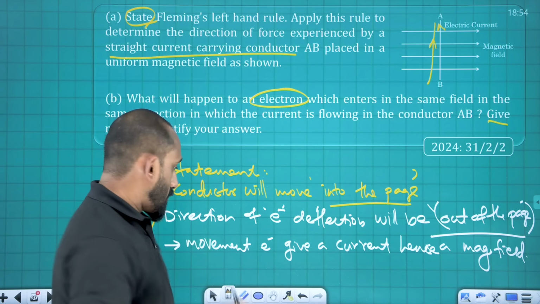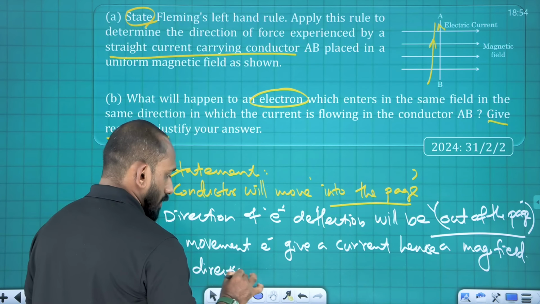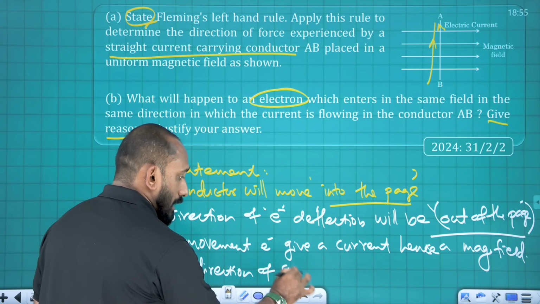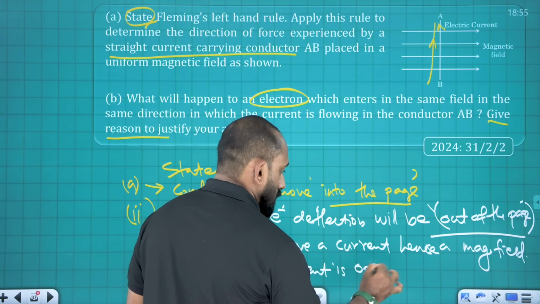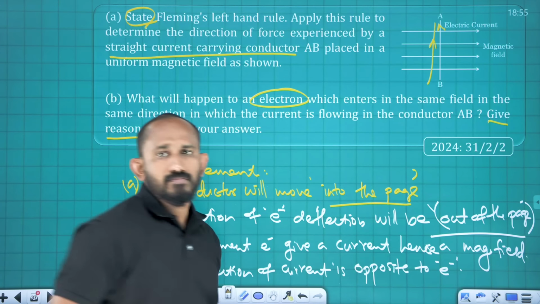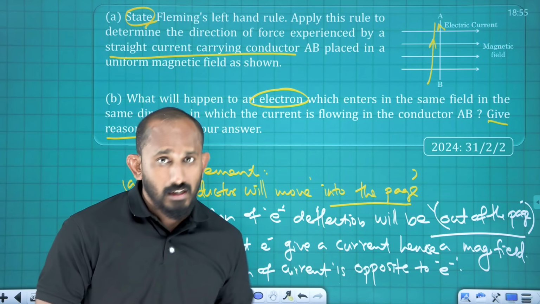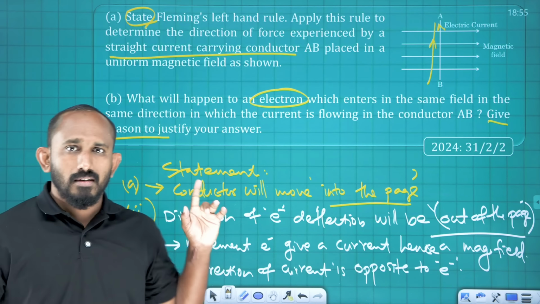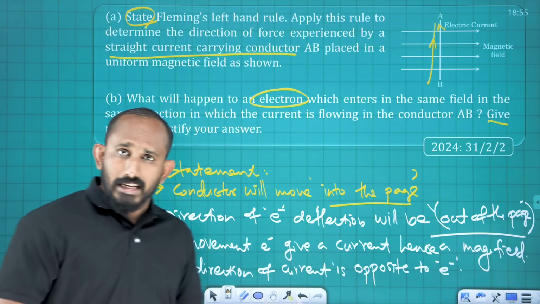Then the direction of current is opposite to the electron direction, hence it's moving out of the page. So two reasons you can give. That's the justification, a 3-mark question. Please follow this question well. Let's take the next question.